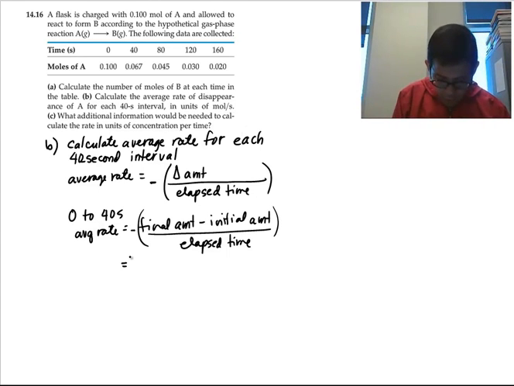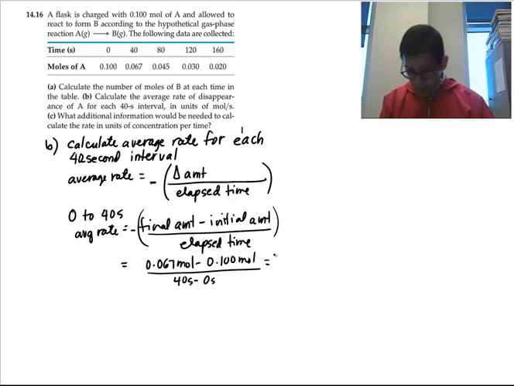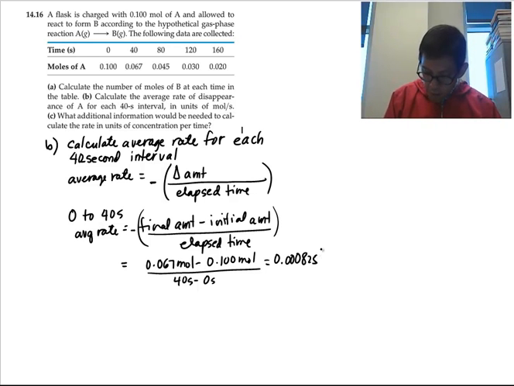Alright, so let's do this. The final amount, the amount at 40 seconds, is 0.067 moles, minus the initial amount, the amount at 0 seconds, is 0.100 mole, and the elapsed time is 40 seconds minus 0 seconds, and you should get 0.000825, and this is moles per second, and that is negative.